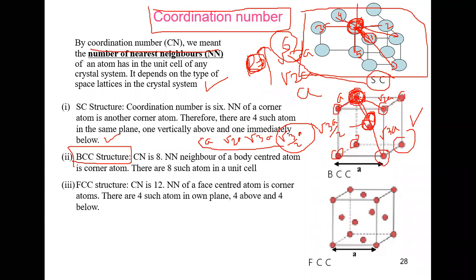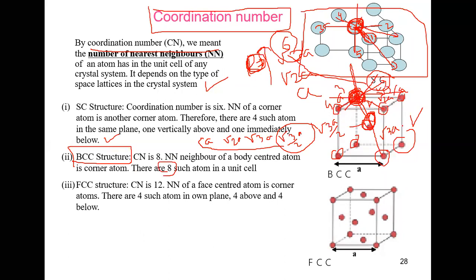Actually, this corner atom is shared by 8 unit cells: 1, 2, 3, 4 in its own level and 4 in the top level. So each corner atom is shared by 8 unit cells. We have already mentioned this earlier as well. So 8 unit cells have 8 body center atoms, and their distance is root 3a by 2 from that corner. So the coordination number in this case will be 8.